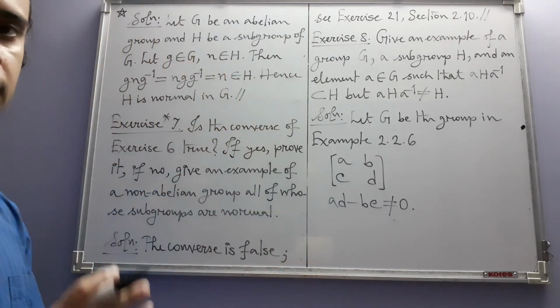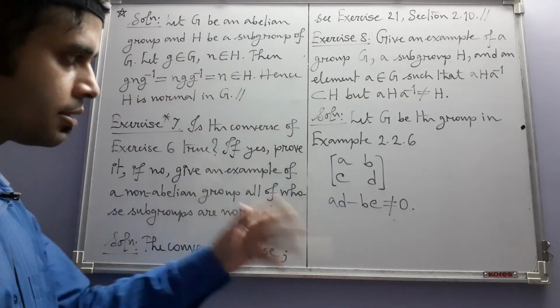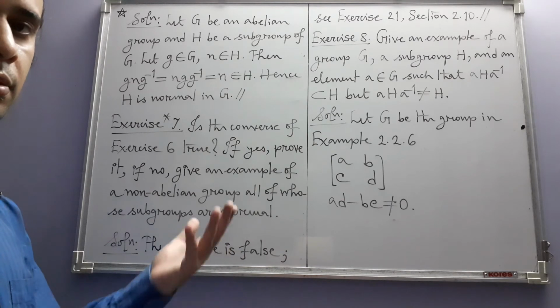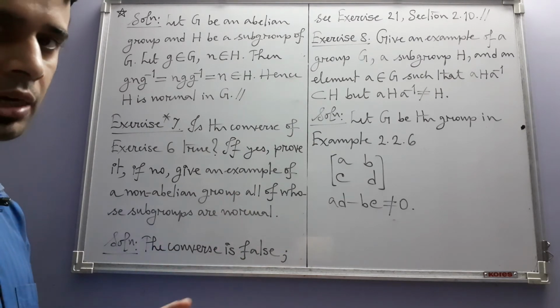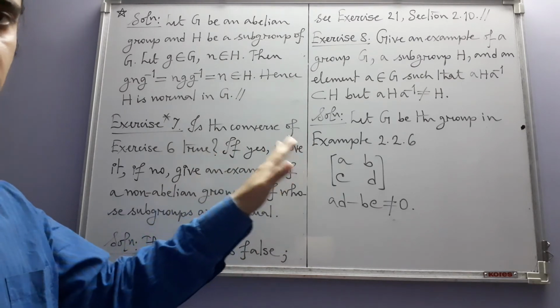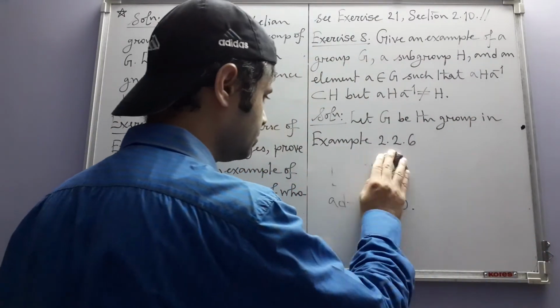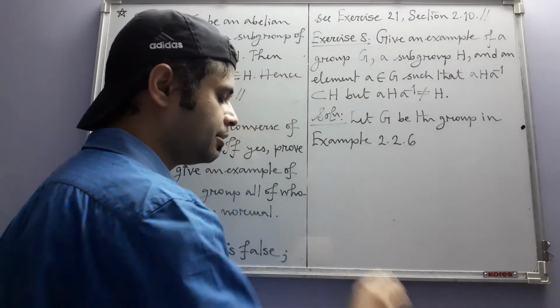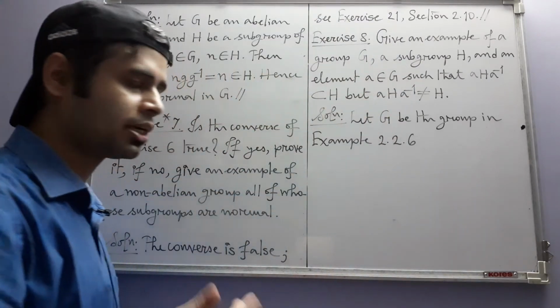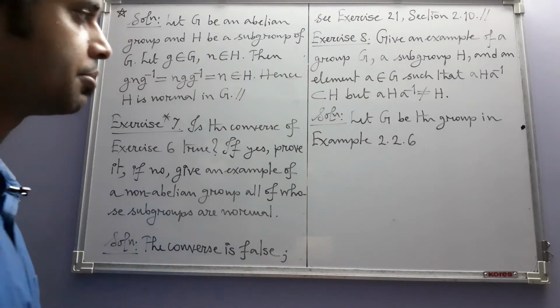And there we saw that such matrices form a group under matrix multiplication. So that group we are talking about here. That is the group of all 2 by 2 real non-singular matrices under matrix multiplication.